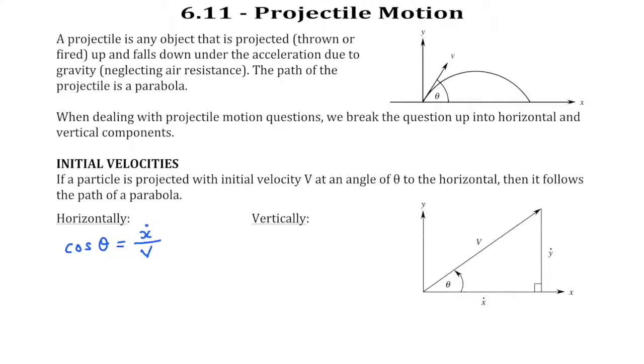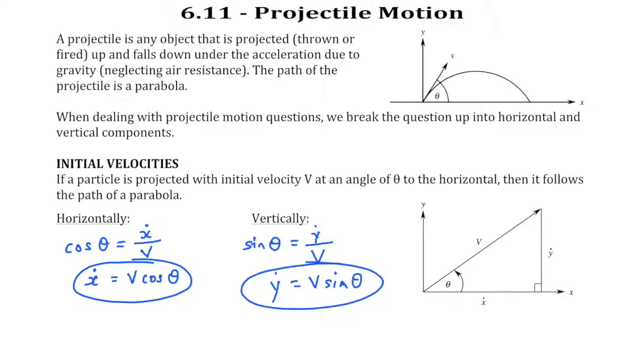If I rearrange that, I get the horizontal velocity is your original velocity multiplied by cos theta. Similarly, if I look at the vertical scenario, the sine of theta is opposite over hypotenuse, so sine theta equals the vertical velocity over the original velocity, so the vertical velocity is the original velocity times sine of theta. Now we need to remember these two things.